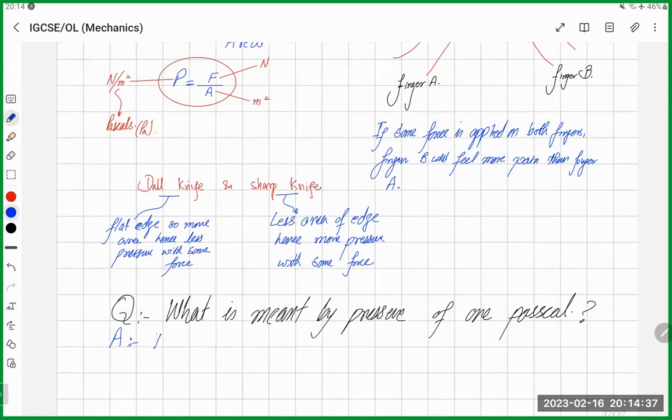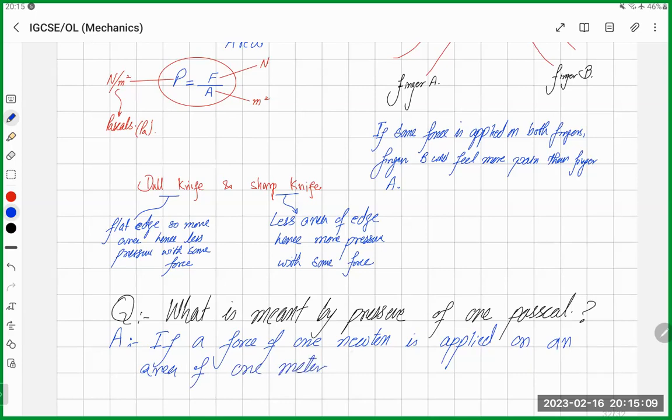Answer: if a force of 1 Newton is applied on an area of 1 square meter, a pressure of 1 Pascal is applied.